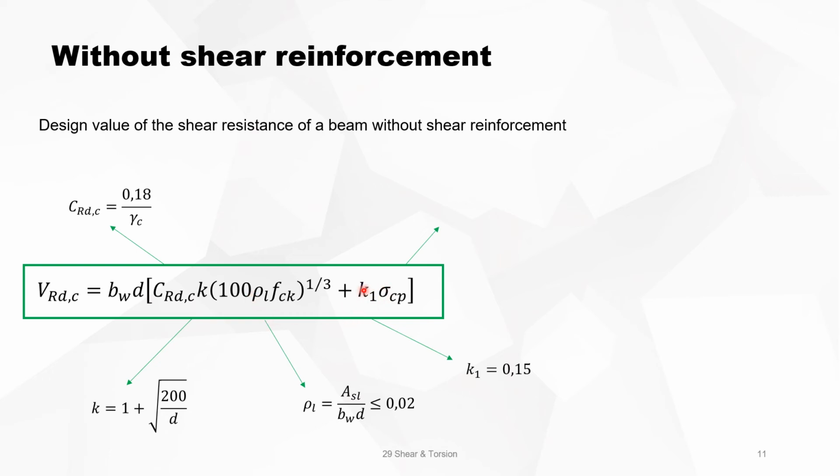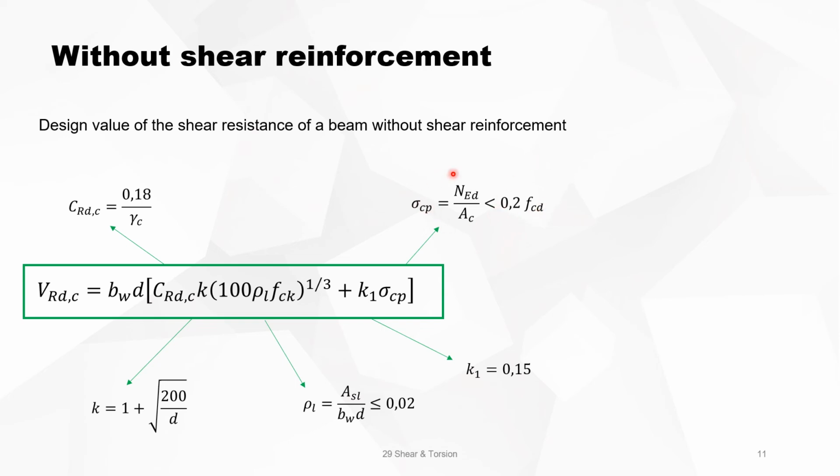Then we have the factor K1. K1 is 0.15, and sigma CP is the net compressive stress, the external compressive stress in the section, which is the external compression force divided by the cross section of the beam. And it must always be smaller than 1/5 of FCD.